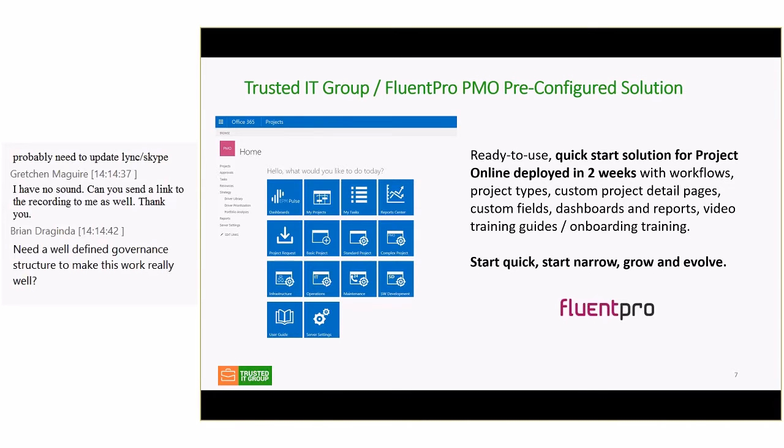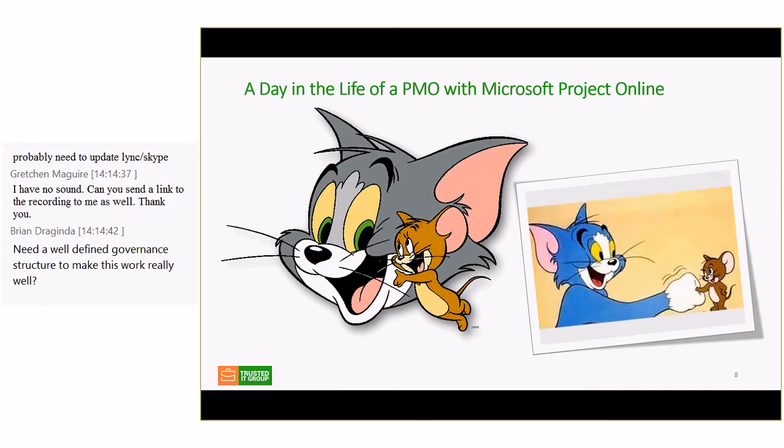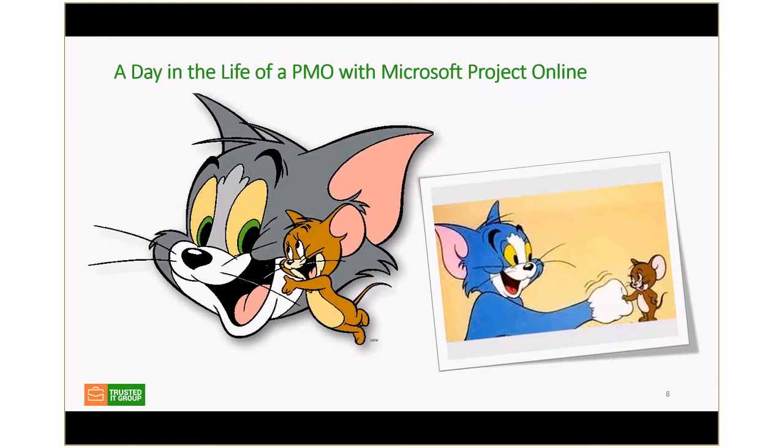Great. So a day in the life of a PMO with Microsoft Project Online, and these are our two characters, Tom and Jerry. Tom and Jerry have this relationship that they're always fighting against each other. So we'll consider Tom to be the manager, someone like a PMO manager or PMO director. We'll call him project manager. And Jerry is a team member.